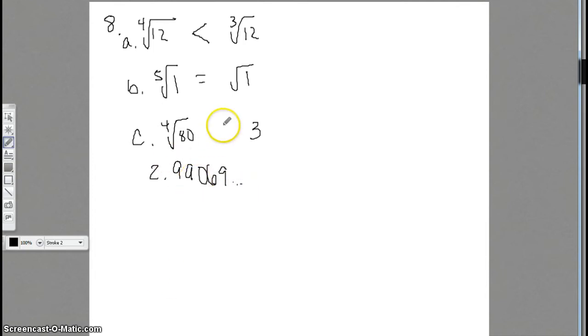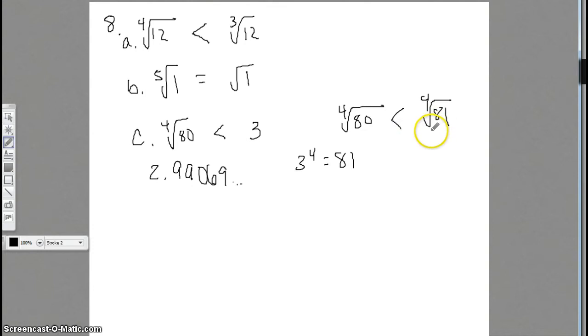And that is less than 3. Another way to think about this is that 3 to the 4th power equals 81. So I could change this problem to the fourth root of 80 and the fourth root of 81. And then it's really obvious that the fourth root of 81, since it's a bigger number, is going to be a bigger answer. Okay, part D.